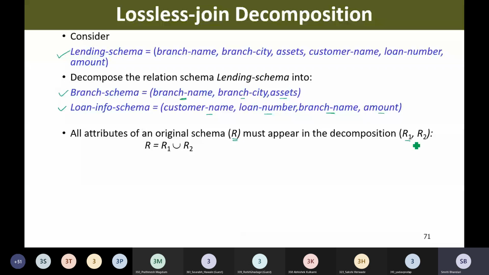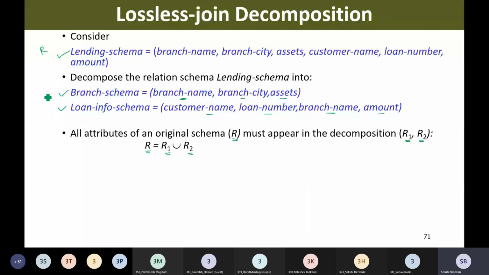Meaning, our original schema R is the union of R1 and R2. What is R1? This schema. Right? So, a set of attributes. What is R2? This schema. Once again, a set of attributes. A schema is nothing but a set of attributes. And this lending schema is my R here. So, this is my R, this is my R1, and this is my R2.